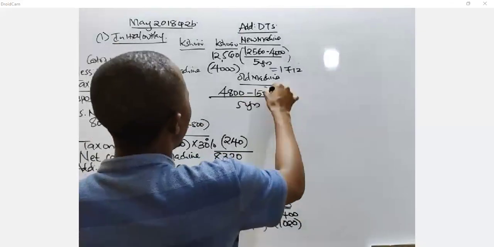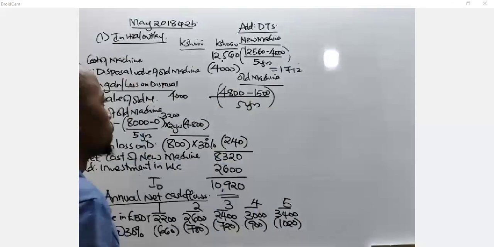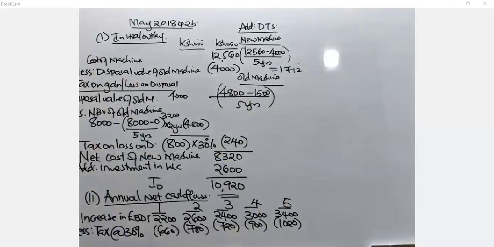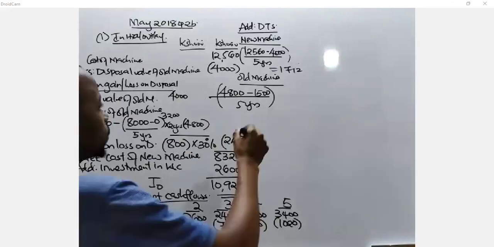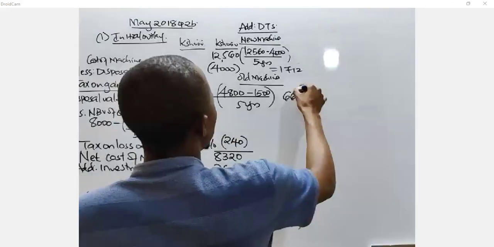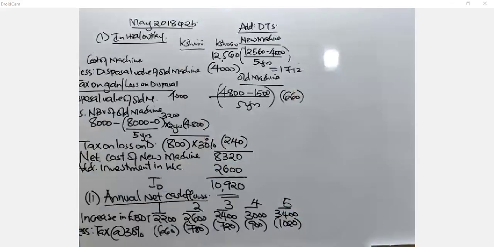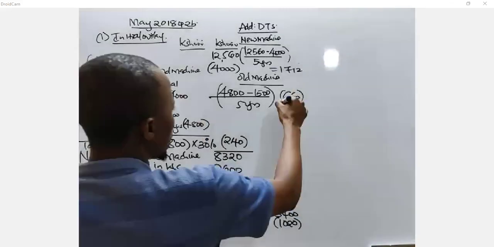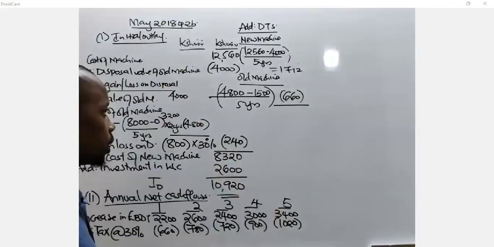So how much is the depreciation here? We say 4,800 minus 1,500. Who doesn't know where the 4,800 is coming from? To get your depreciation tax shield, we just need to get the difference between the new and old depreciations.